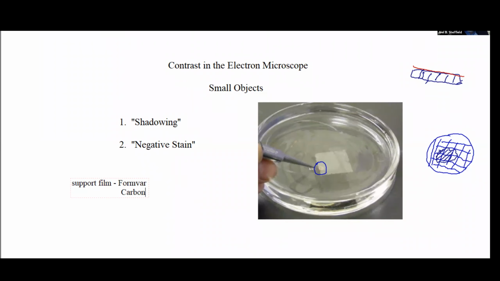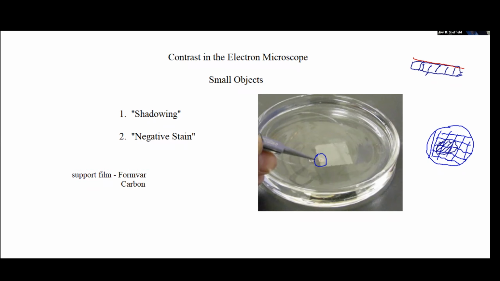And the idea, what's essentially impossible to see in this picture, is that there's a very thin film floating on the surface here. And it's so thin you can barely see it. And the idea is that you take a grid like this, and you put it on this surface.